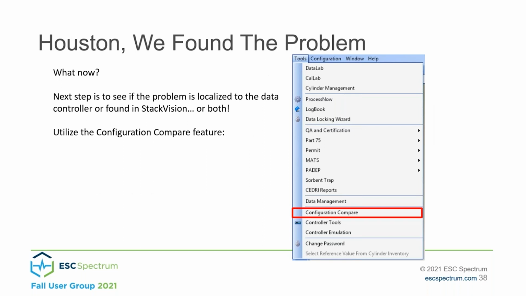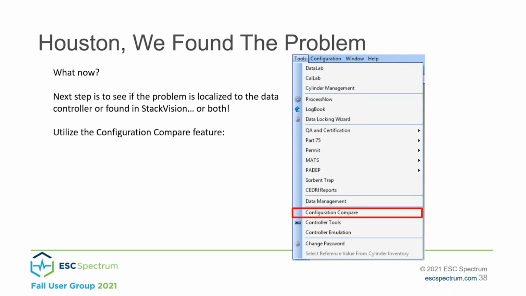You found the problem. What do you do now? The next thing I recommend is to compare the data you're seeing with the controller. Most people that utilize StackVision are also utilizing the 8864. And we have a tool that you can use to compare what the controller has and what StackVision has.